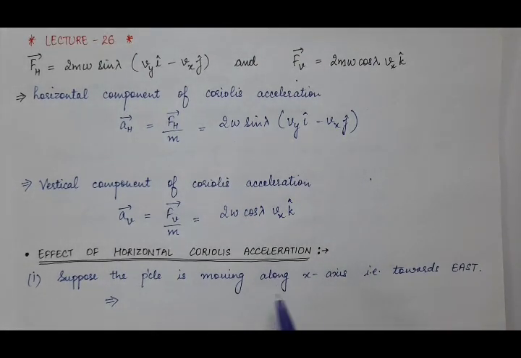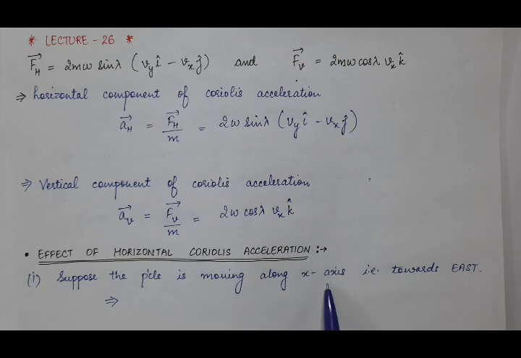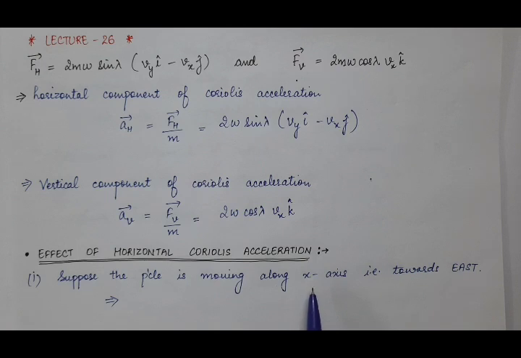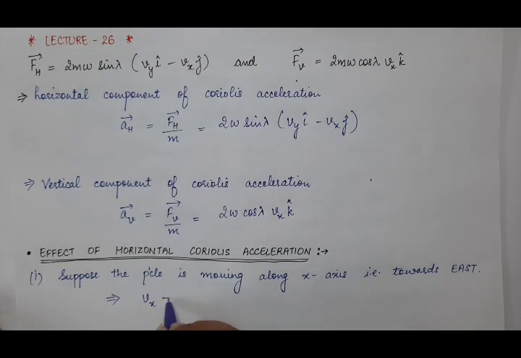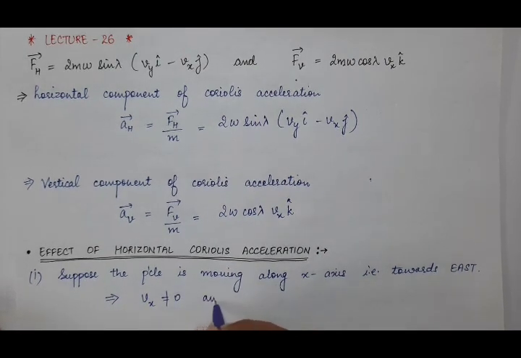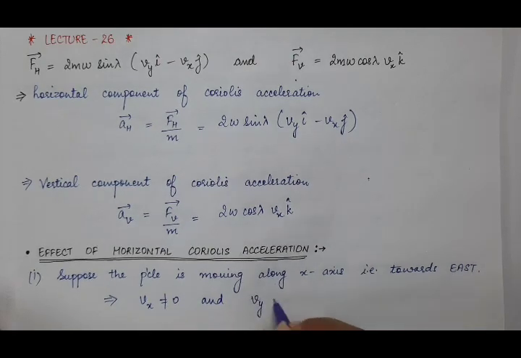If the particle is moving along the x-axis only, that is towards east, the y component of the velocity will be 0, because the particle is only moving along the x-axis. So only Vx will be non-zero and the y component of velocity will be 0.